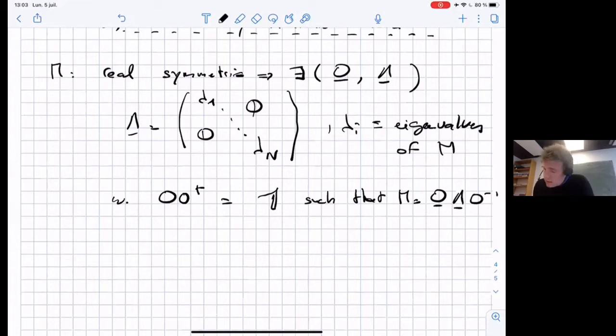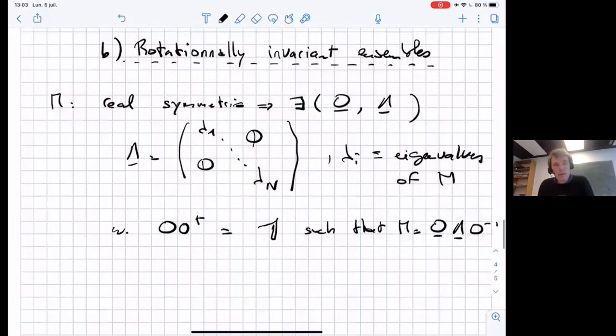Now, when you start to think about matrices and how to define an appropriate measure on the set of matrices that you are considering, it's quite relevant in many situations, and actually that was the case considered, for instance, in nuclear physics. It's quite natural to consider ensembles which are invariant under this kind of transformation.